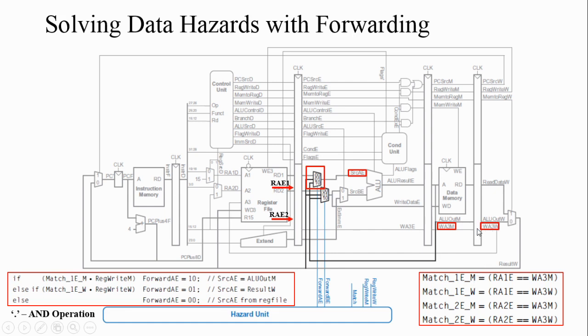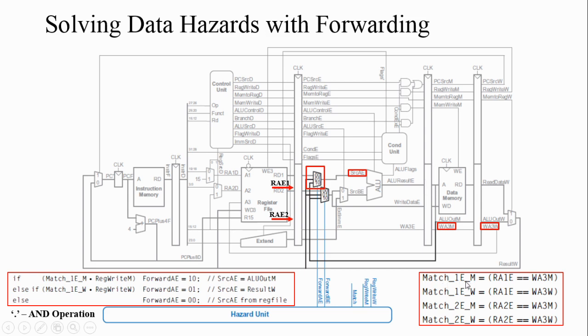Similarly, if the address coming from the write back stage is equal to the second address input to the pipeline stage, because each pipeline register will have two inputs. Why? Because in the previous stage the register file had two outputs. Similarly, the pipeline stage should also have two inputs. So if the first input is equal to the memory stage address, what will happen?